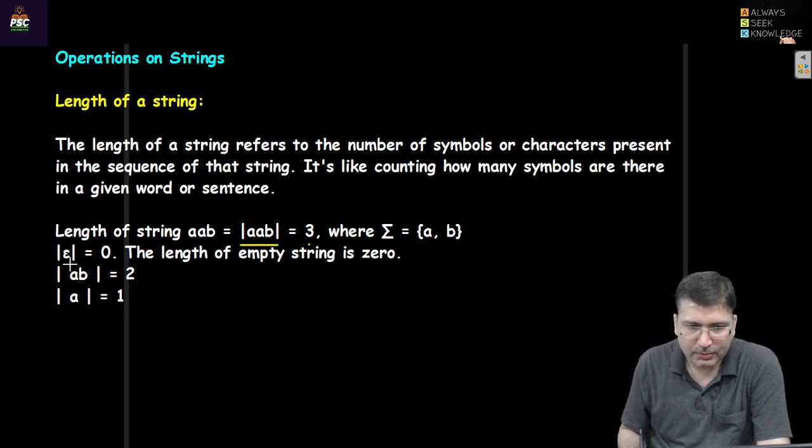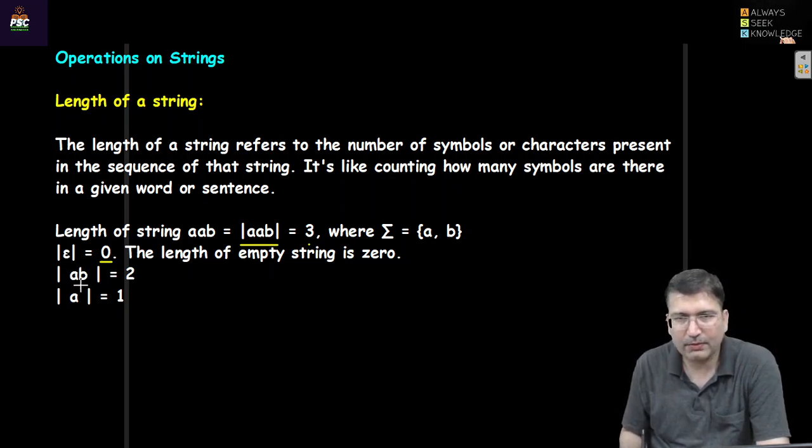If we try to find the length of the empty string, epsilon, the length will be 0, right? If we try to find the length of AB, because there are two symbols involved in this string, the length will be 2. Similarly, for A, there is only one symbol, so the length will be 1.